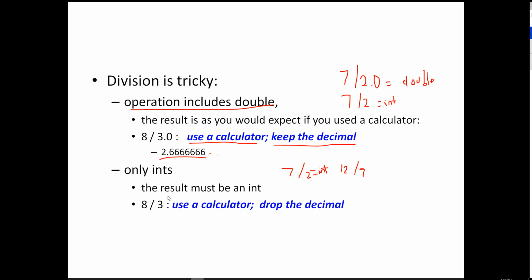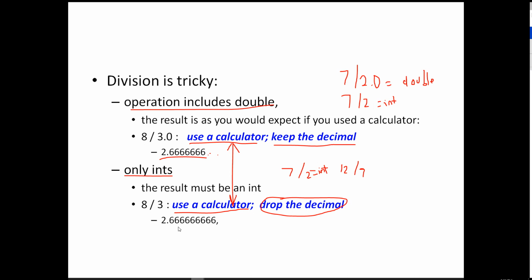So if you only have ints, use a calculator, just same as this. Go ahead and use a calculator. Only this time, drop the decimal. Drop it like a hot potato. Drop the decimal. Here it is. Let's put 8 divided by 3 in the calculator. What do you get?